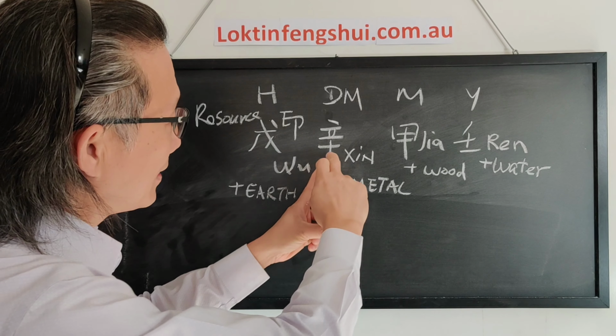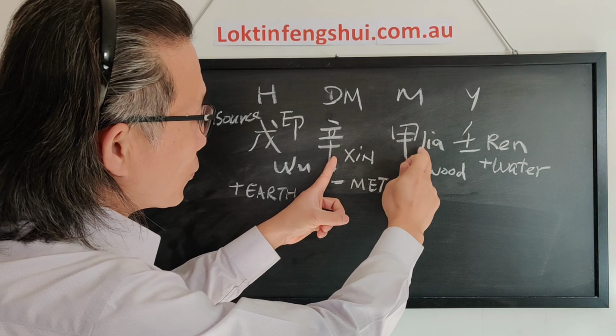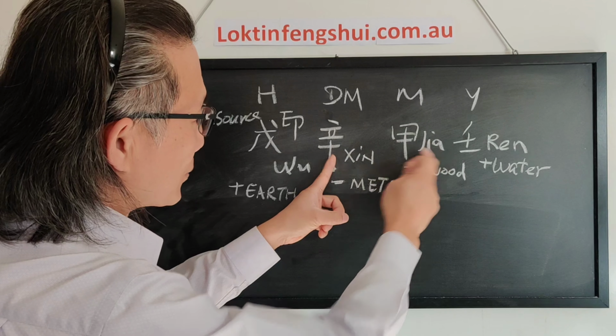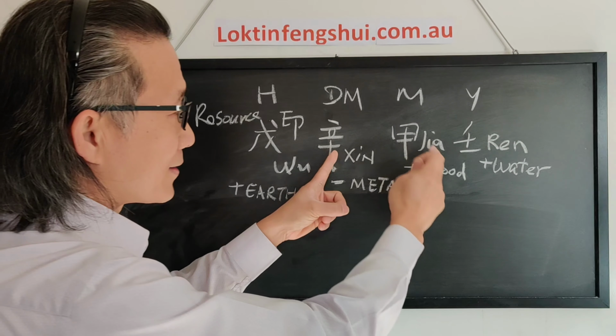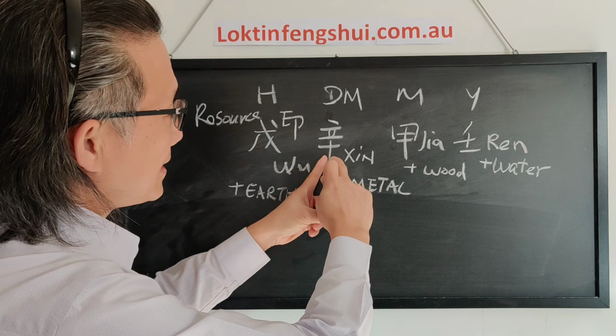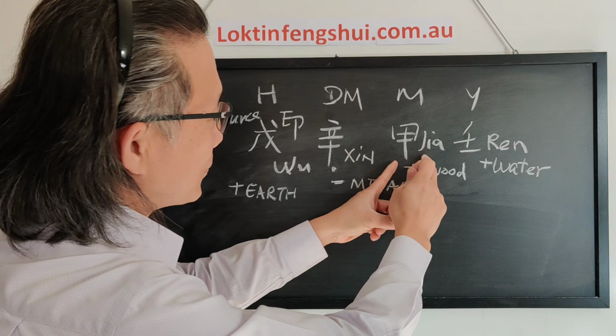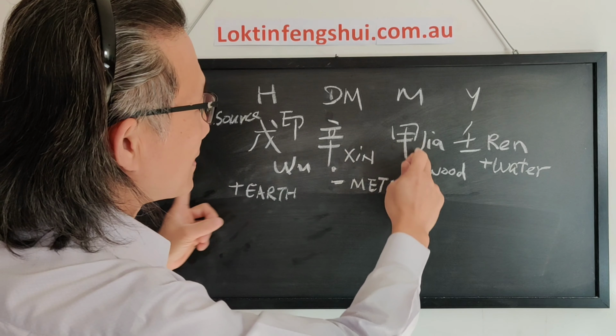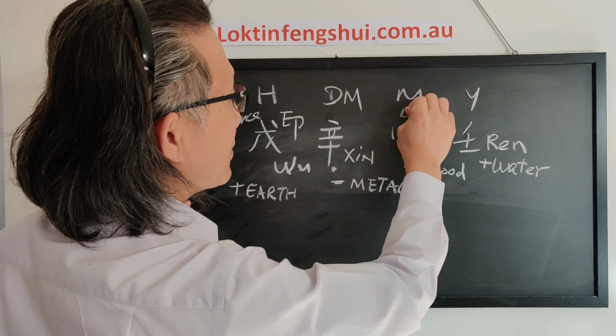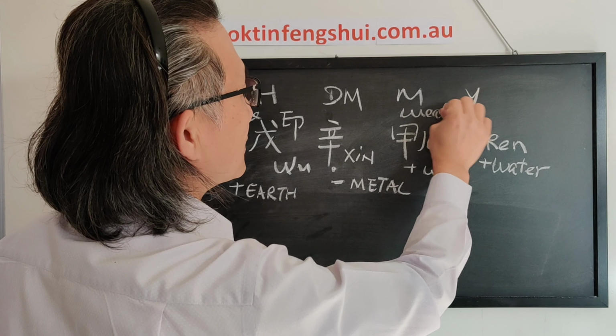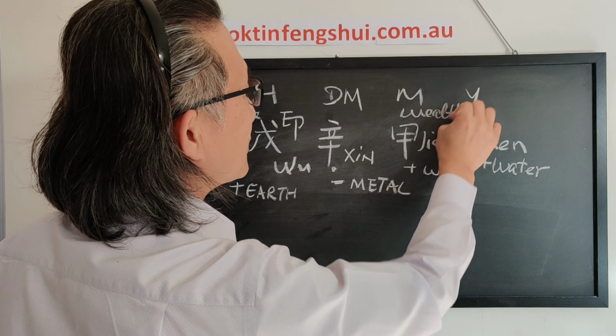Okay. Metal controls wood. Remember, what I control is wealth, and this Yin controls the Yang. So this is the wealth, or the direct wealth. In Chinese, it is Zhengcai.